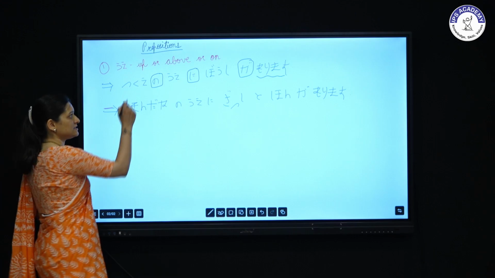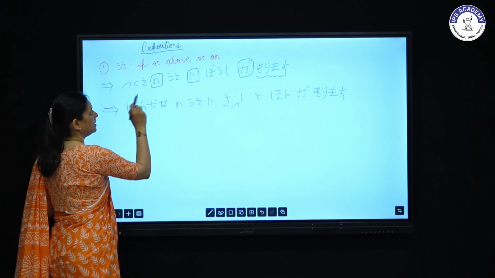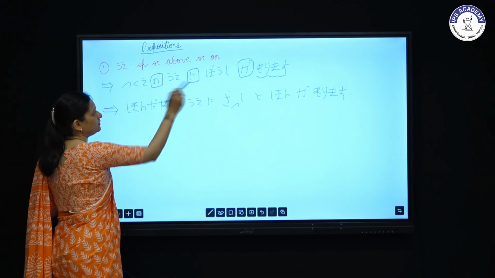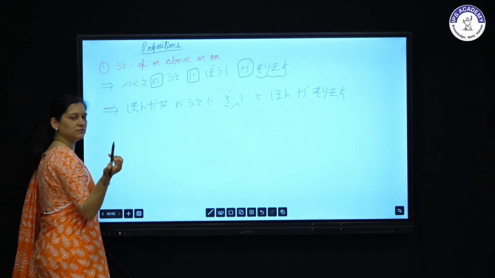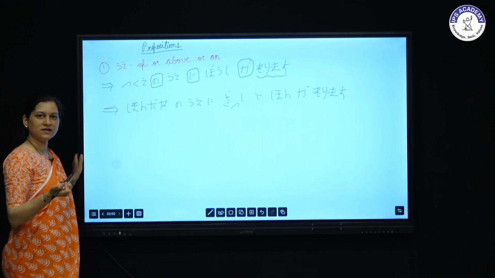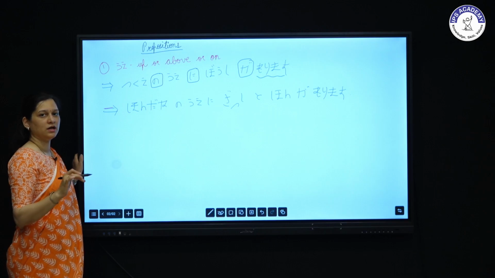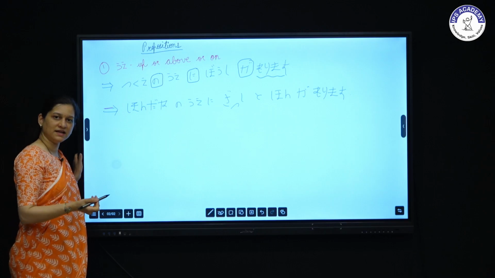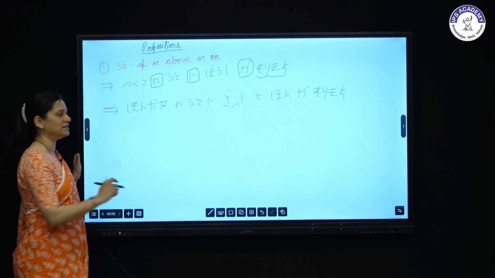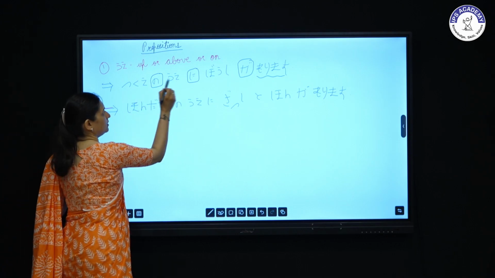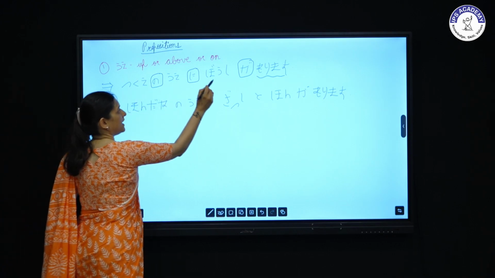So, if I translate this sentence to English, it will be, there is a cap on the table. Table, on, cap. Does it give us the literal translation? No. Will we get a grammatically correct sentence? No. Now, let us translate it to Hindi. Table के ऊपर कैप है.